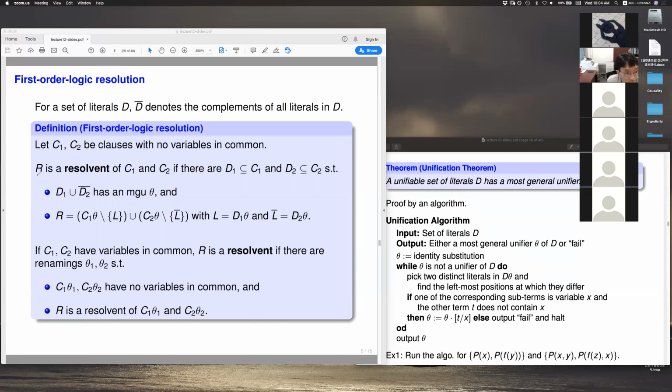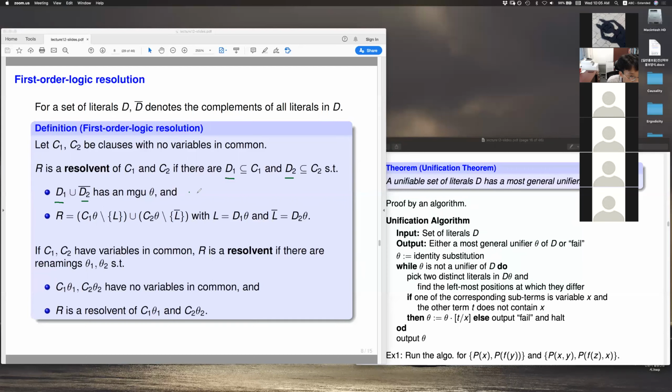Then we say R is a resolvent of C1 and C2 if we can find a subset of literals D1 of C1 and a subset of literals D2 of C2, such that essentially we can compute a most general unifier and we can do cancellation. That's what these two conditions are telling us. So D1 is this set of literals, and then we take the union with D2 where everything is negated, and they have a most general unifier.